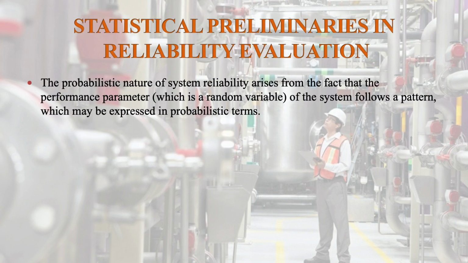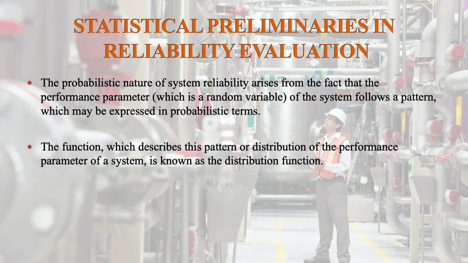The probabilistic nature of system reliability arises from the fact that the performance parameters of the system, which are random variables, follow a pattern which may be expressed in probabilistic terms. The function which describes this pattern or distribution of the performance parameters of a system is known as the distribution function.